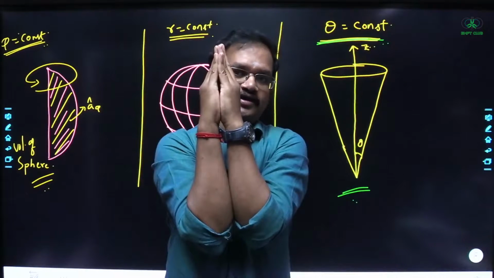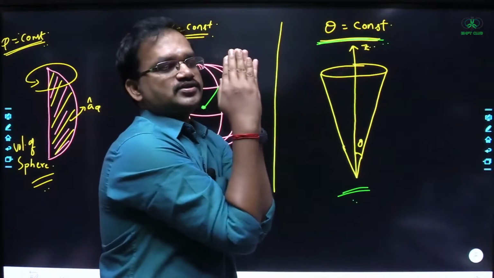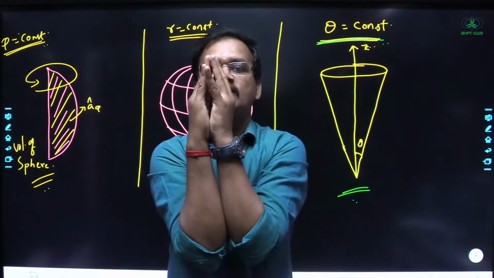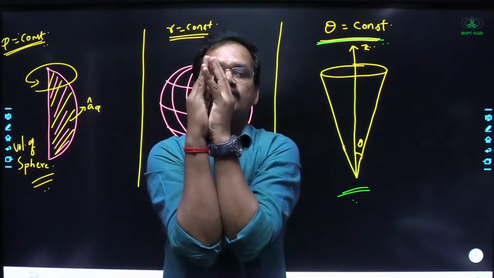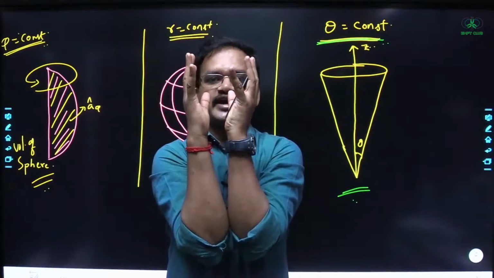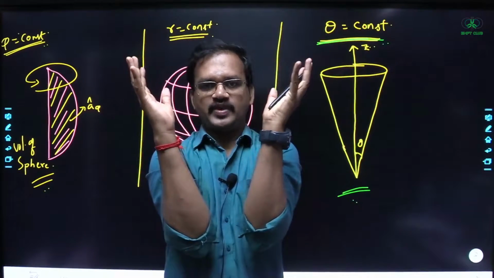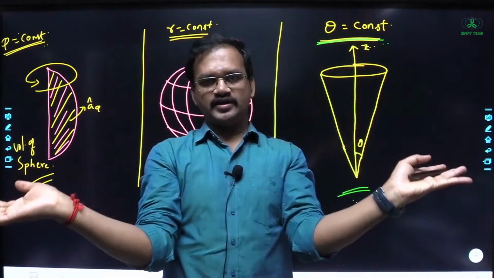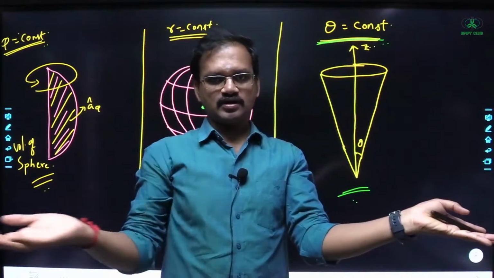In the theta direction. Understood? If you go on increasing theta, what will happen? This cone is going to expand like this, yes or no, as theta goes on increasing. When theta becomes 90 degrees, it will form a bigger circular surface.